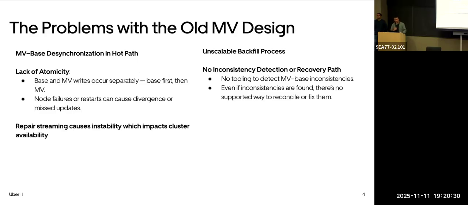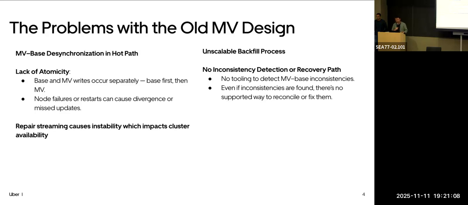The first problem is that the MV and base table get out of sync in the hot path. We update the base table from time to time, and then you will see that the base table and the MV get out of sync. One of the reasons for this is the lack of atomicity. The base table and MV are updated asynchronously, so when you finish updating the base table, you may not be able to see the update in the MV.